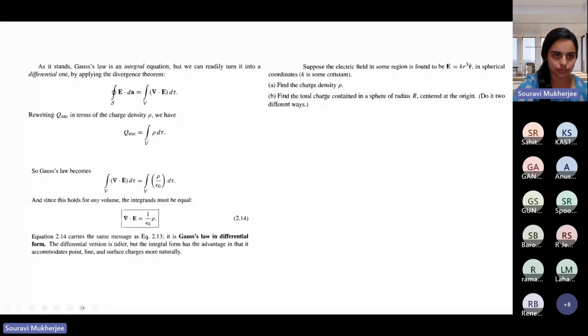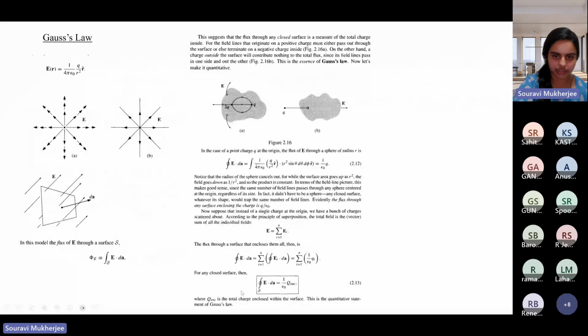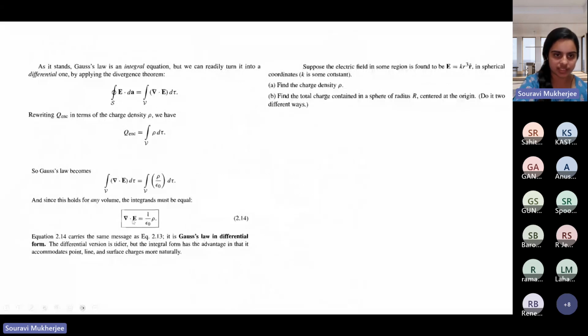So this integral form turns out to be this in the differential form, and from there you get an expression which links the divergence of electric field to the volume charge density in that volume. So this is Gauss's law in the differential form.